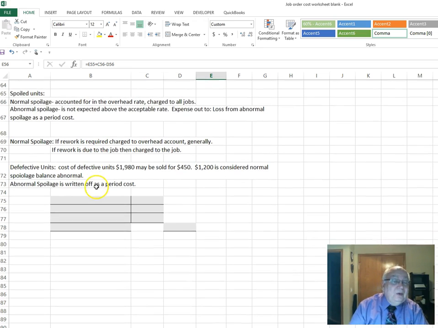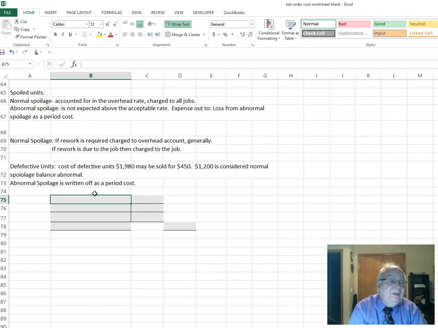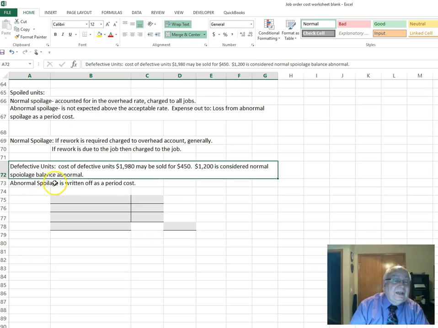Okay, so we have a little quick example here. Defective units: the cost of defective units is $19.80, and they may be sold for $450. $1,200 is considered normal, and spoilage is the amount above that.